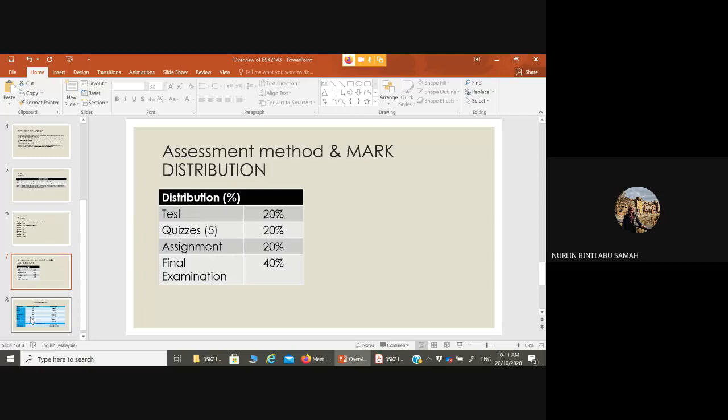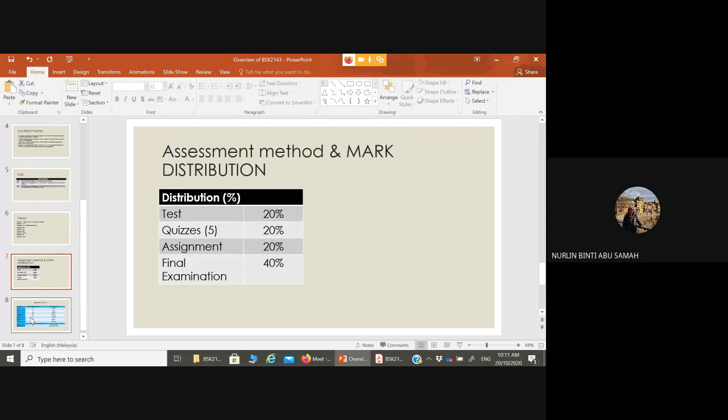And this mark distribution will depend on the UMP management decision, because as you know, last semester the distribution is different, about 80% carry mark and 20% for final exam. So you need to be ready.